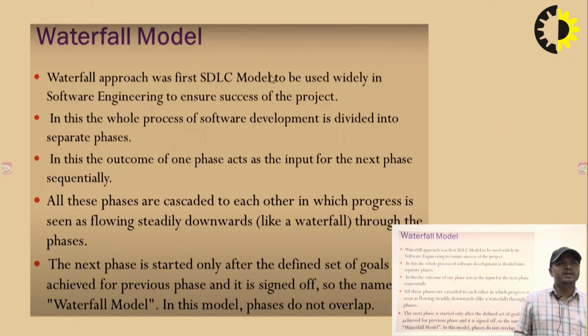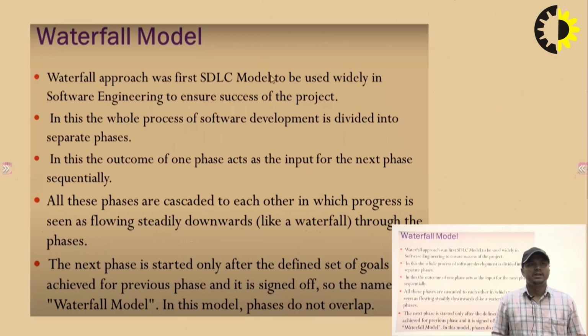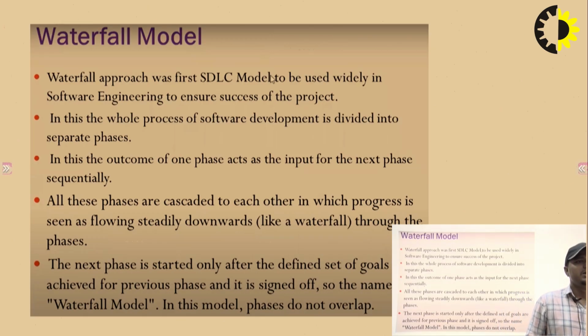All the phases are cascaded to each other, in which progress is seen as flowing steadily downwards like a waterfall through the phases. The next phase is started only after the defined set of goals are achieved for the previous phase and it is signed off. So hence the name waterfall model; in this model phases do not overlap.